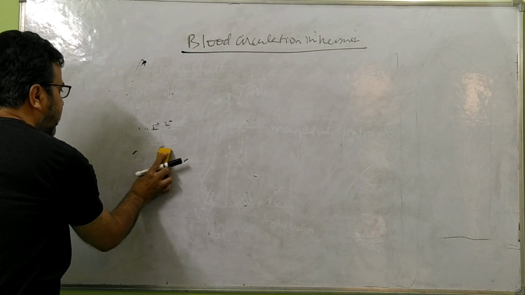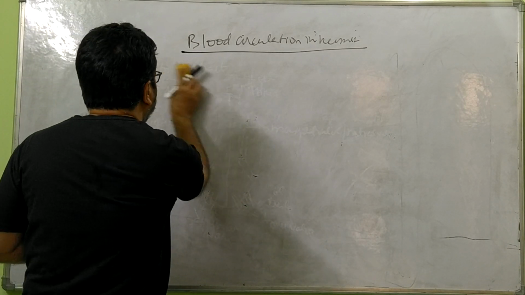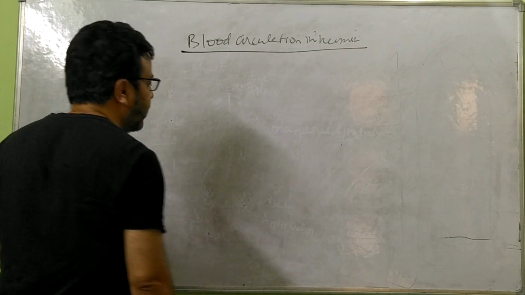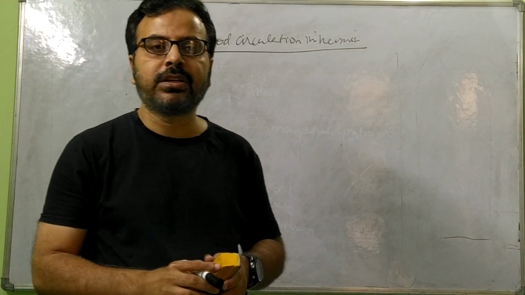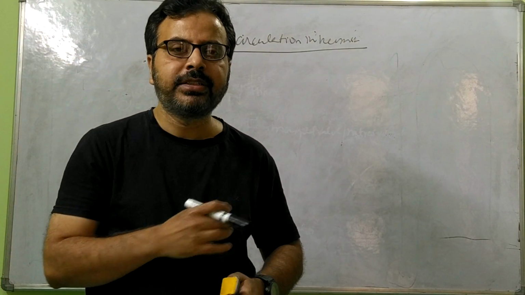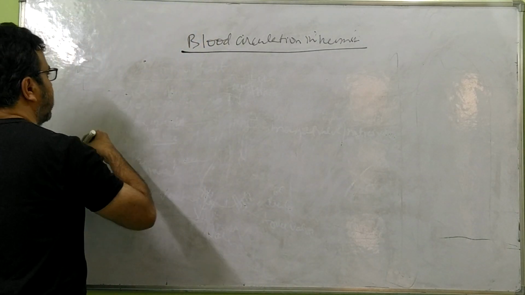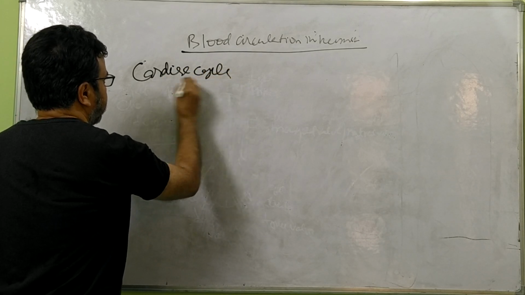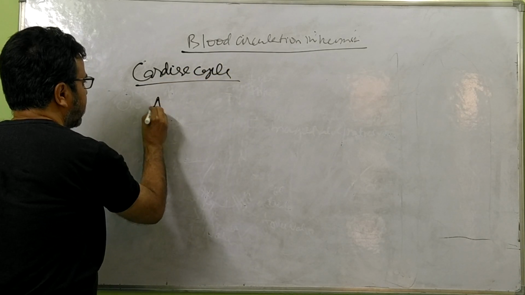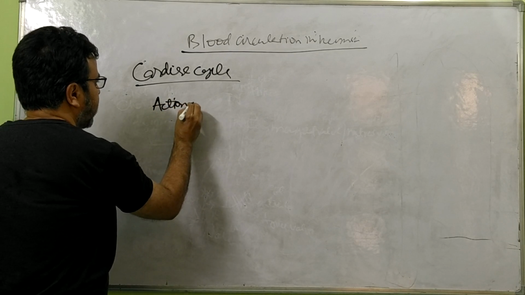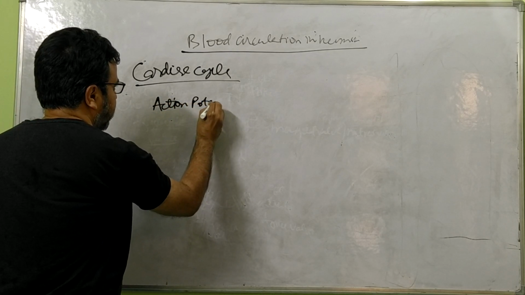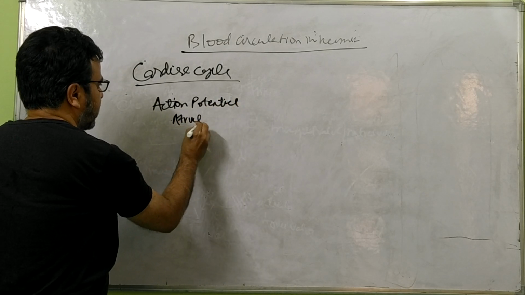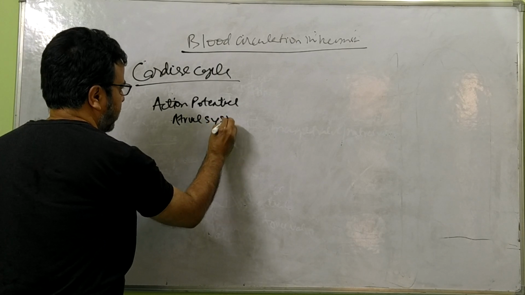So in the physiology of the heart, we will study the sequential events of systole and diastole, that means the contraction and relaxation of the heart. These sequential events we will study in the cardiac cycle. The cardiac cycle starts with the generation and propagation of an action potential in the atrium first, leading to atrial systole.